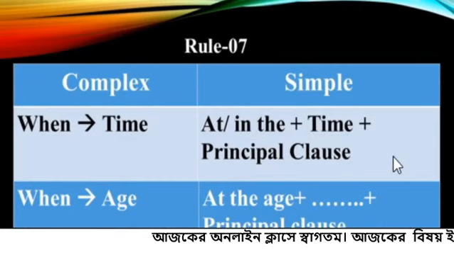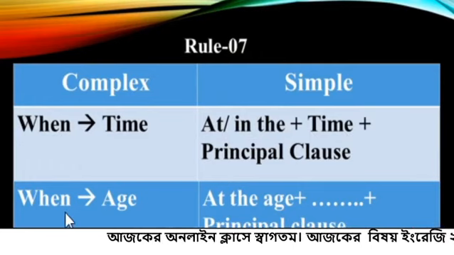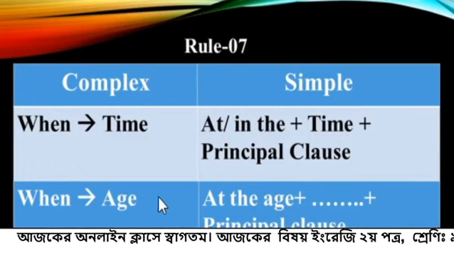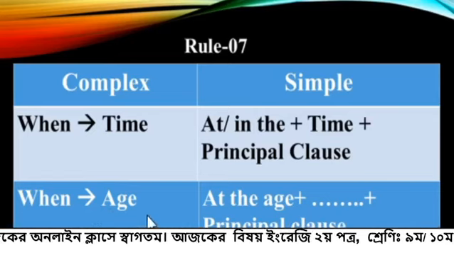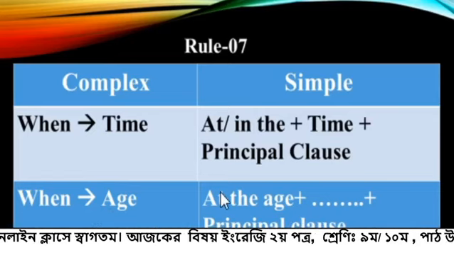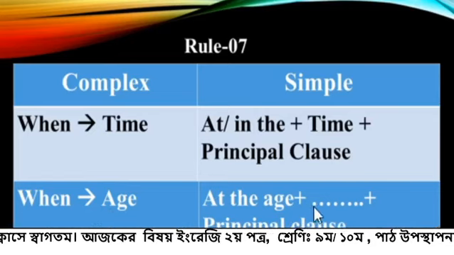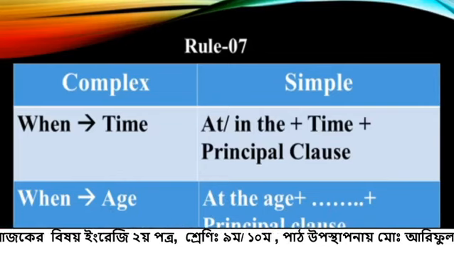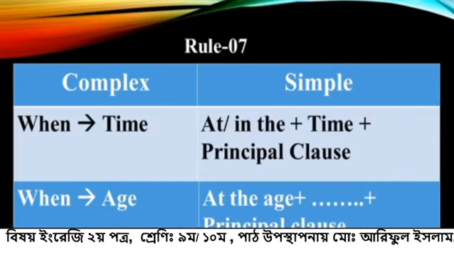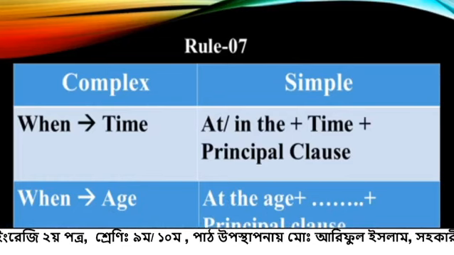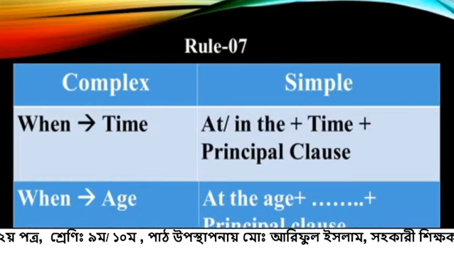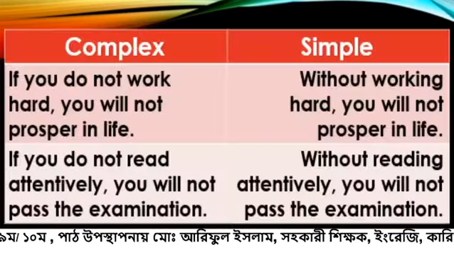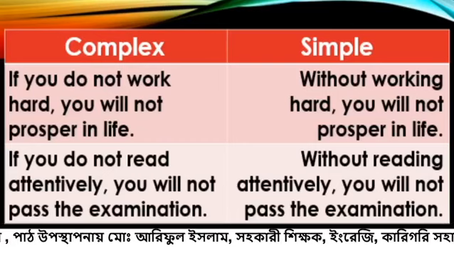And if by "when" it expresses the meaning of age, then in the simple sentence we have to use "at the age of" plus the number plus the principal clause. I think you can understand. Dear learners, please take a screenshot of these rules or write down the rules in your notebook. Let's go to the next example.